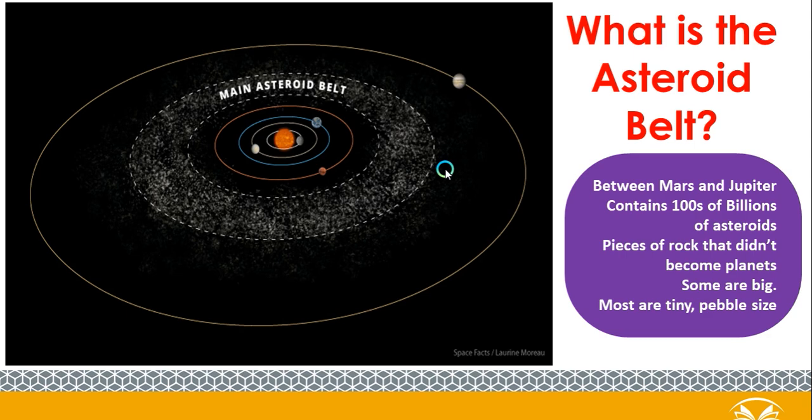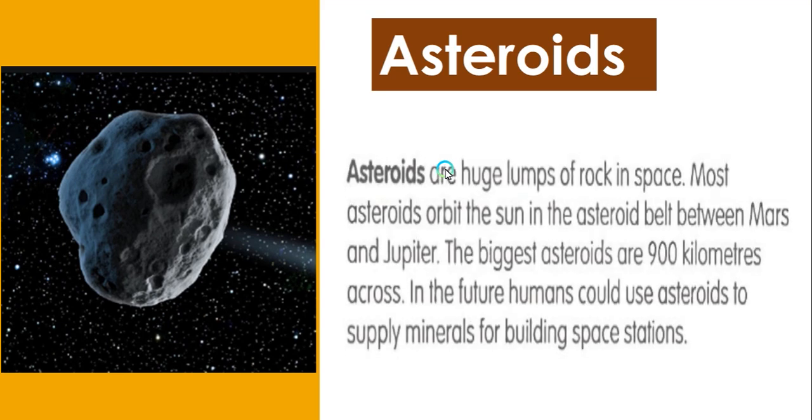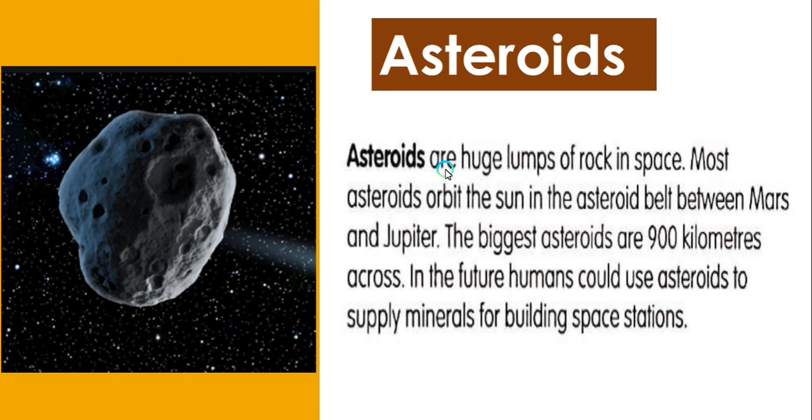All right, so that is called the asteroid belt. Now this is an asteroid. Asteroids are huge lumps of rock in space. So simply, asteroid means rock. Most asteroids orbit the sun in the asteroid belt, like I showed you earlier, between Mars and Jupiter.